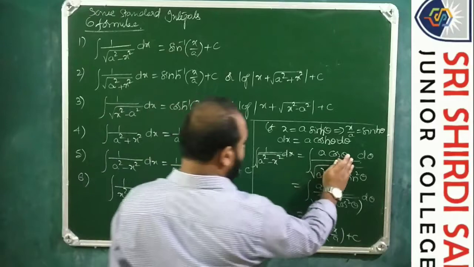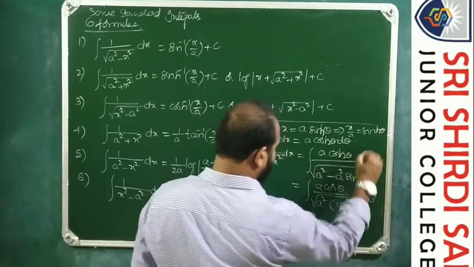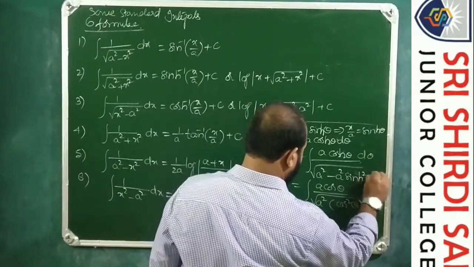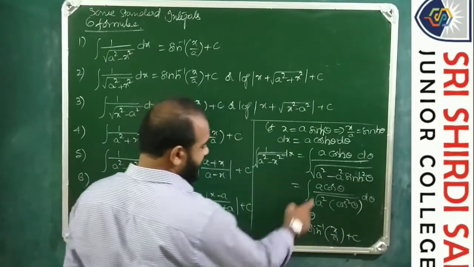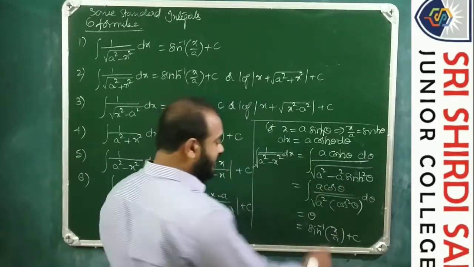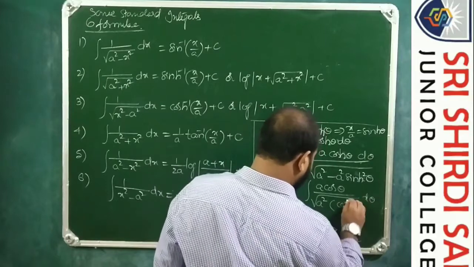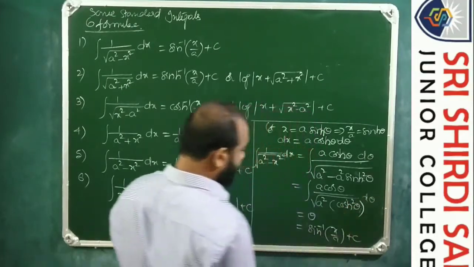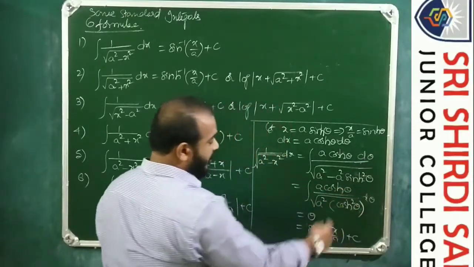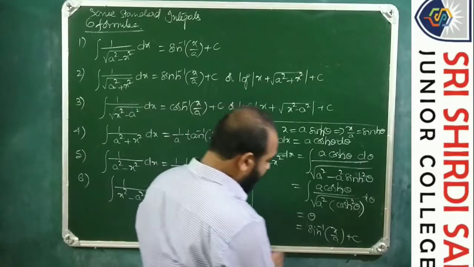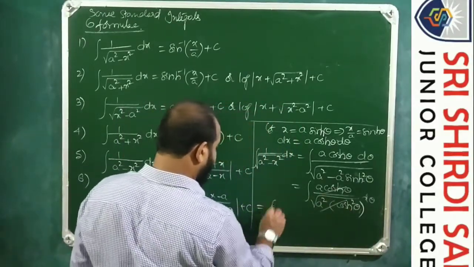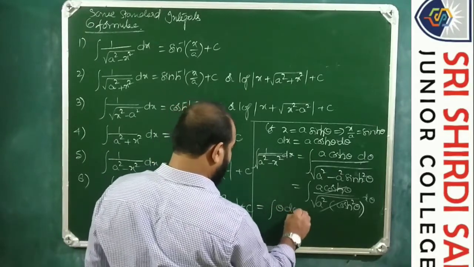So this is a cosh theta d theta, and this is a square sinh square theta. If you take a square common, 1 plus sinh square theta is cosh square theta. So this is a cosh theta by a cosh theta. That gets cancelled, and we are left with d theta.